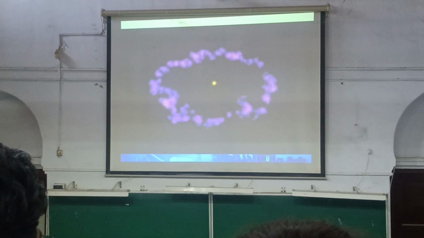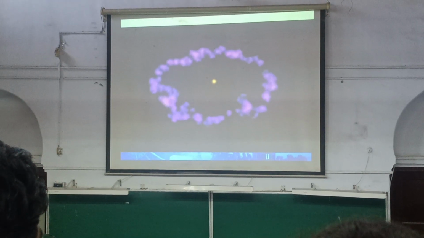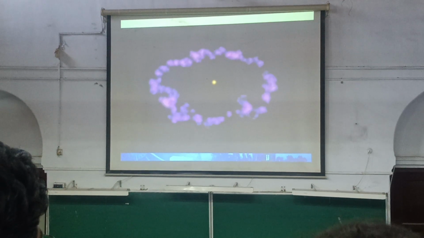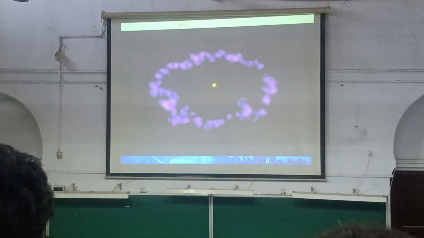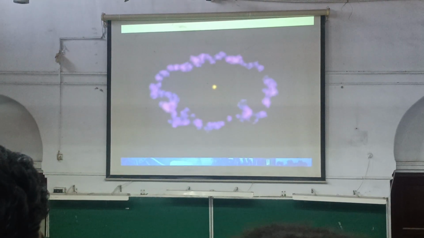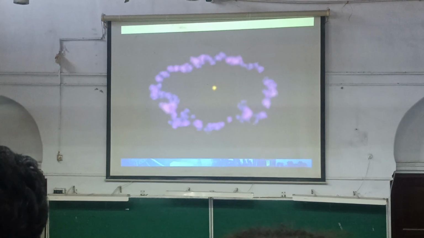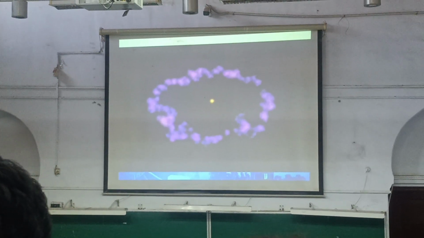But if you have a huge number of neutrons coming together, some of them will keep this process going on without the decay happening. This is called the R process, the rapid neutron capture process. And we believe that it's the R process which actually is creating all these elements.